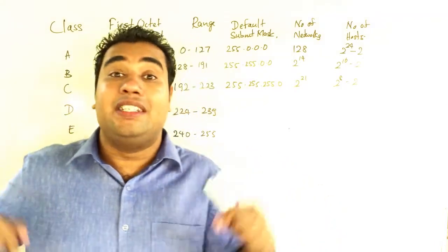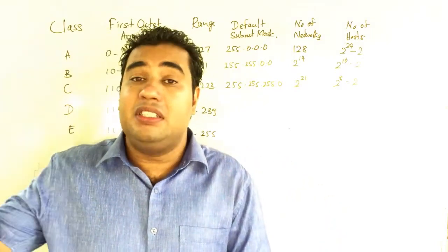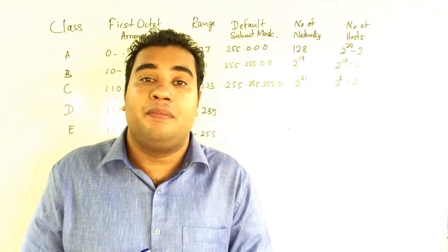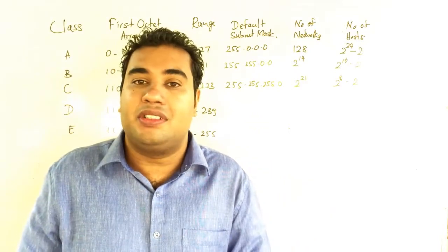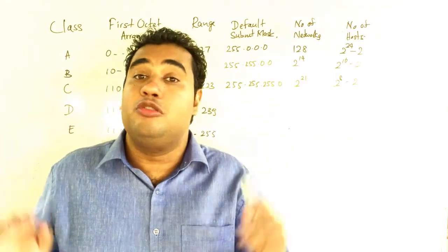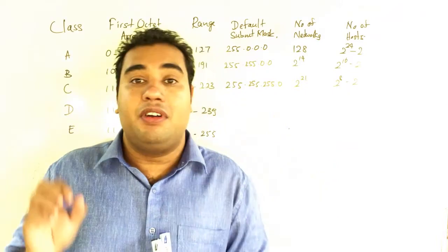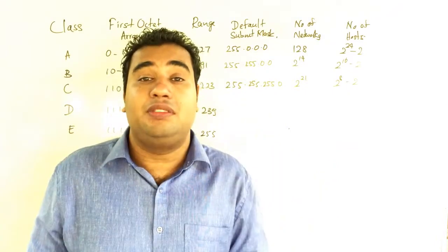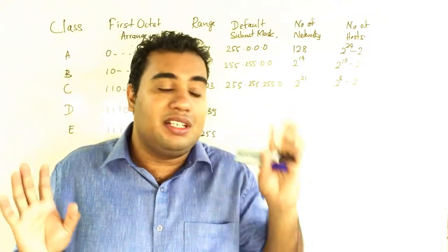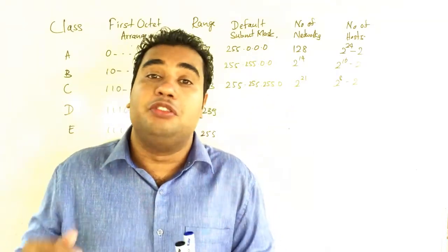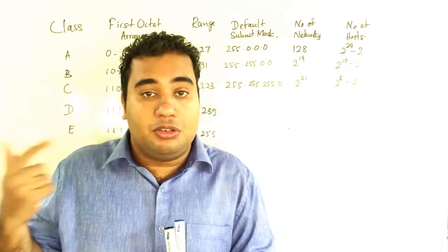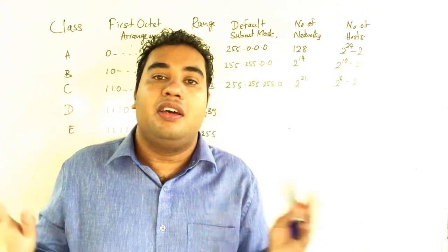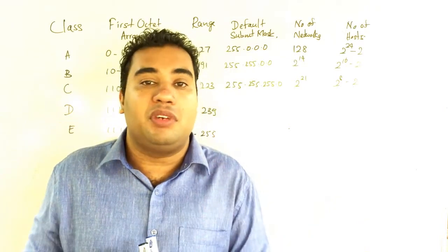Okay, good. So in this lesson we discussed the basics of IP addresses. We discussed what an IP address is and the arrangement of an IP address. Then we discussed that there are 2 parts of the IP address, the network portion and the host portion. Then we discussed how to identify these two parts using the subnet mask, what a subnet mask is and how to identify a valid subnet mask.